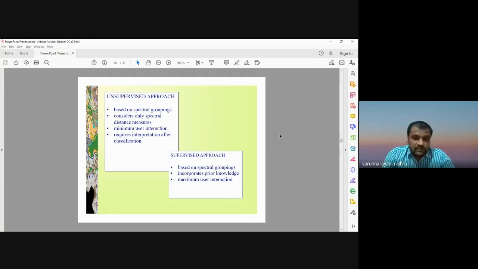Whereas the supervised approach incorporates prior information, prior knowledge about the study area, and involves maximum user interaction and maximum user control in comparison to the unsupervised approach. That's why it is known as the supervised approach, because the user has all the control over the classification process. The user can supervise the entire process.